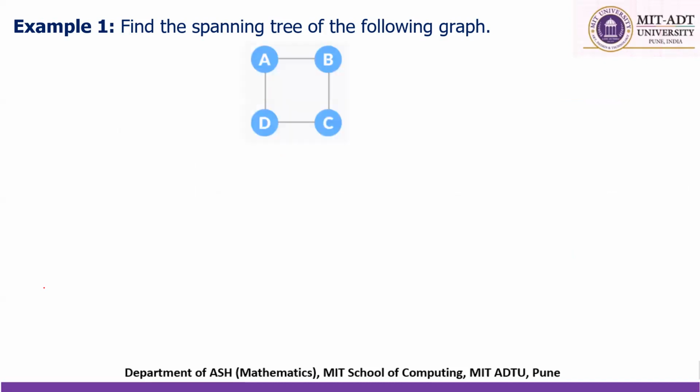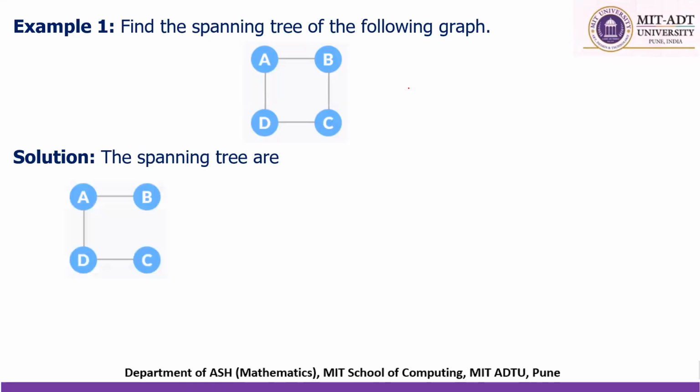So we are given a graph which has 4 vertices, A, B, C, and D, and it has 4 edges. We want to find the spanning tree. First, let us remove this edge. We get one spanning tree.